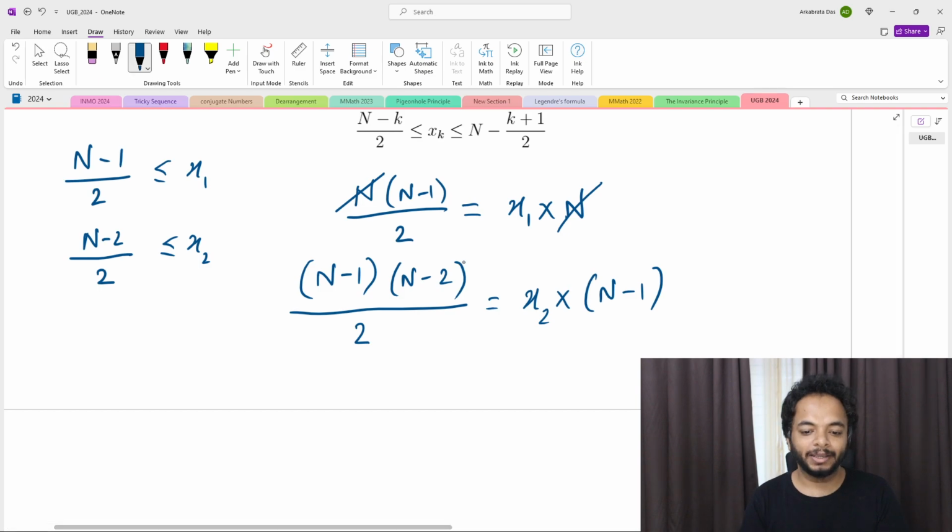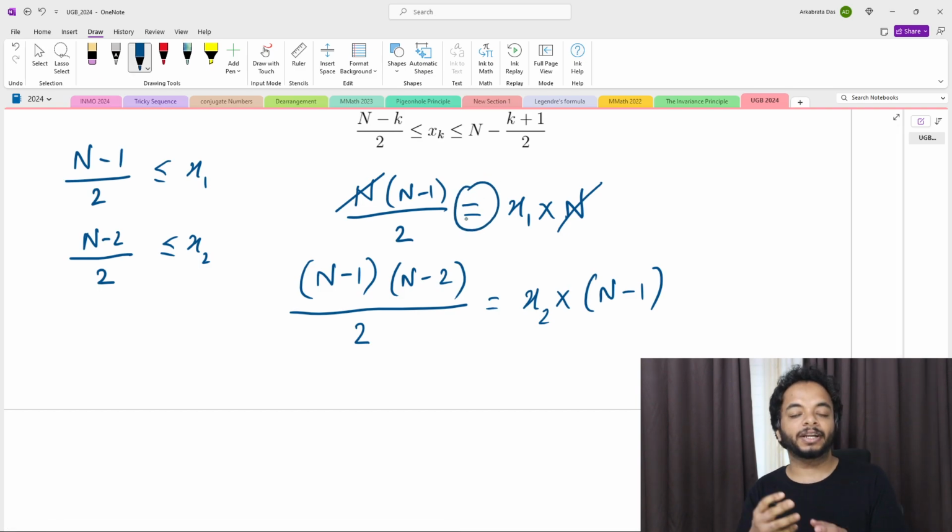Okay, so now why am I going for this equality? Try to understand that I am summing up all the winnings, so that means it's the total number of matches. Here also the same thing.